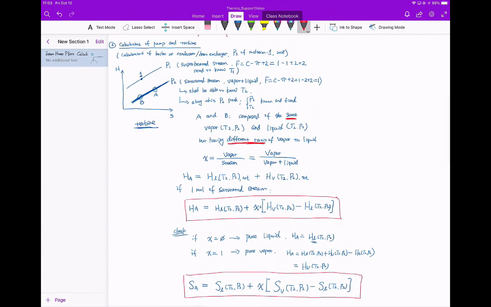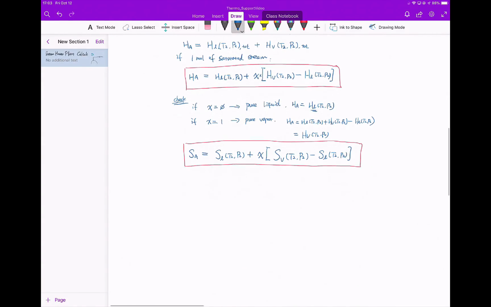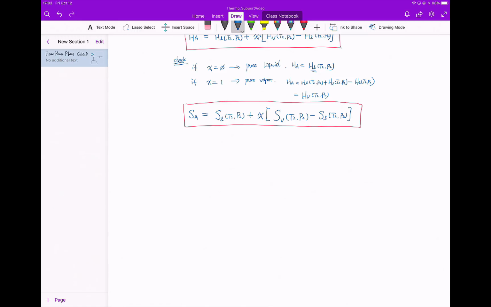So coming back to the diagram itself, we understand that we need to apply it. I'm going to have the diagram again repeated. This is the H and S diagram. This is H, this is S. So I know now this is P1 and T1 I have to know, and P2 is known, and T2 is known from P2.